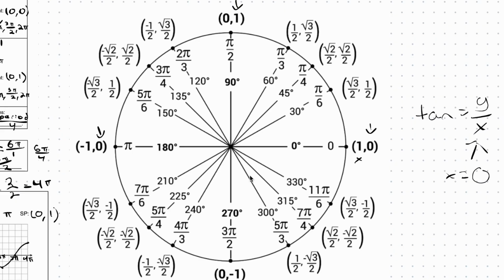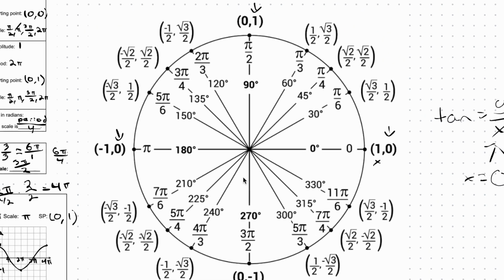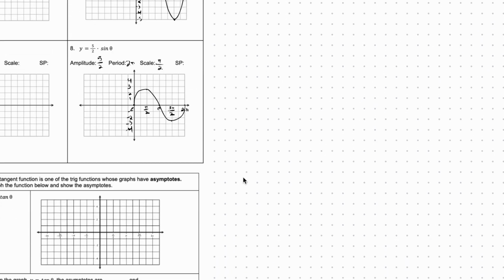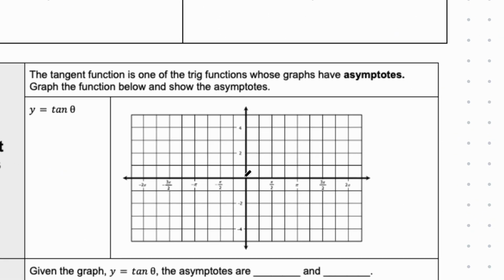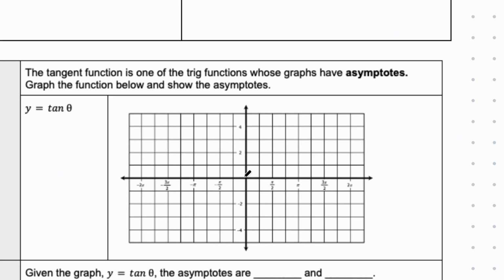So tangent is undefined at pi over 2 and 3 pi over 2 and all of those subsequent multiples. So I'm going to draw an asymptote here. We're just going to draw this. We'll do 2 sort of intervals.